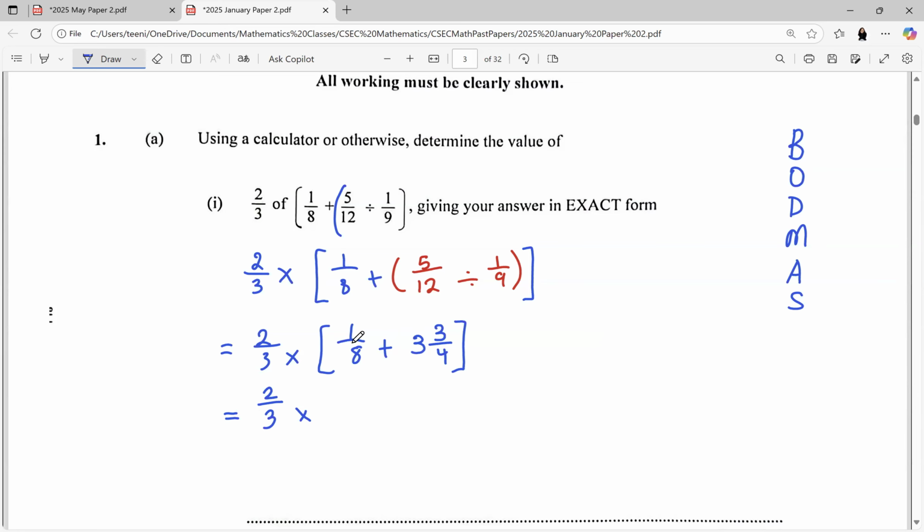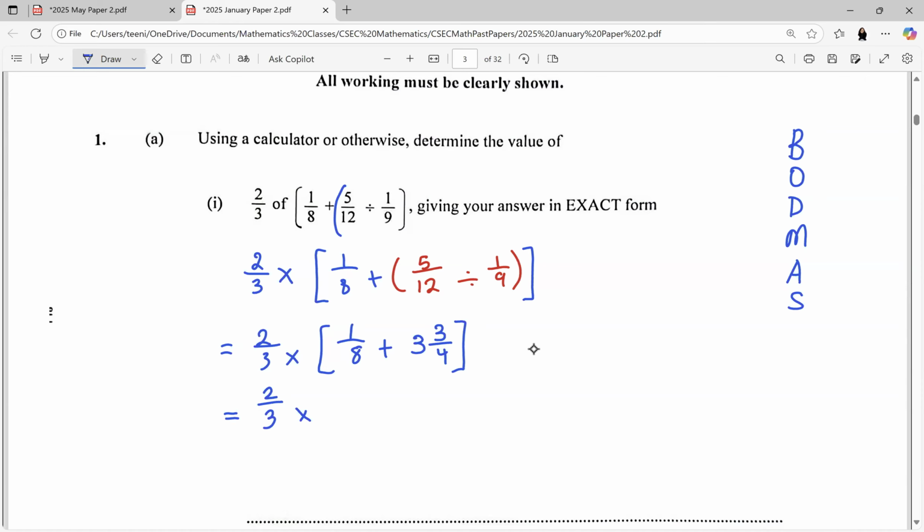Joshua, what is 1/8 plus 3 3/4? 1/8. This part, 1/8 plus 3 3/4.